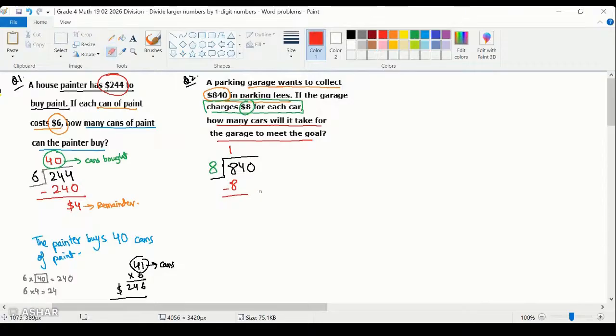What are we left with? 4, right? 4 cannot be divided by 8. Put a 0 and we bring this last value down. We know that 8 times 5 is 40. Agreed?